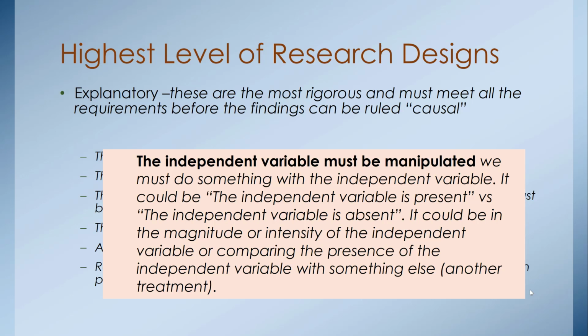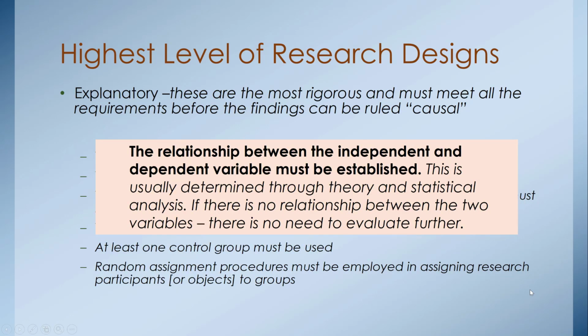But we have to do something with the independent variable. It has to be introduced. It has to be manipulated in terms of intensity or magnitude, something like that. So there has to be some change in that independent variable for us to be able to make that statement about causation.